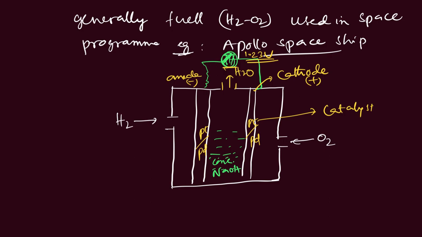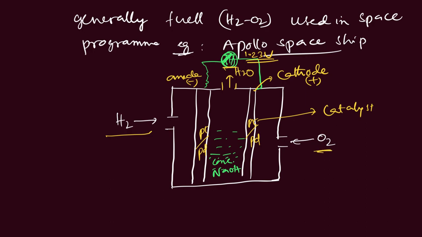Now keep in mind, at the anode we are passing hydrogen gas, and this electrode is a graphite electrode. A porous carbon electrode means a graphite electrode. We are bubbling hydrogen gas at the anode and oxygen gas at the cathode.